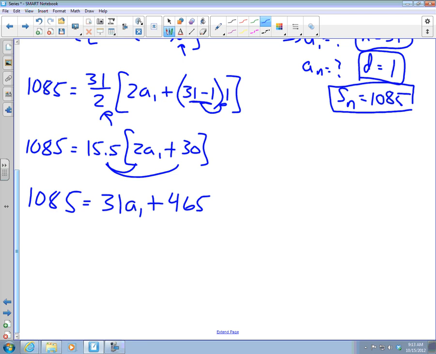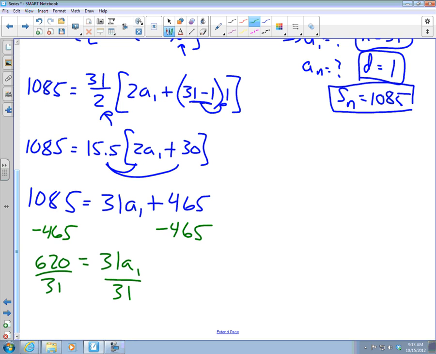So, finishing this up, subtracting 465 from both sides, I get 620 equals 31 a sub 1. So to solve for a sub 1, I'm going to divide both sides by 31, and I get this.